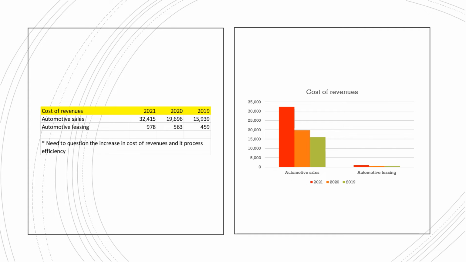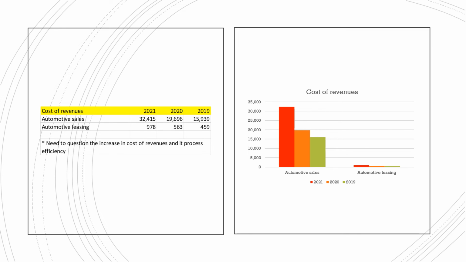Now, cost of revenues. At the same time, we reported 32,415 for cost of revenues, and for the past 3 years, cost of revenues was going up too.